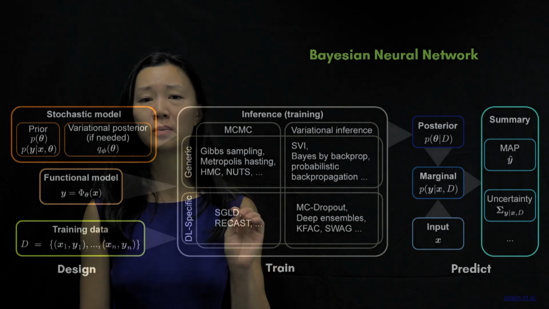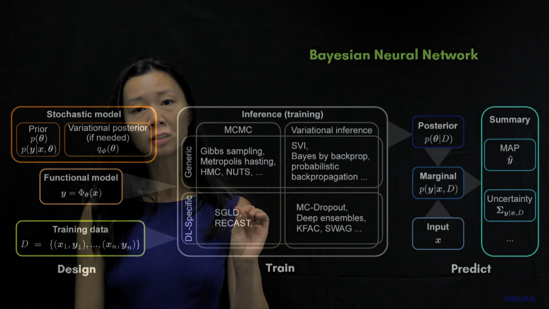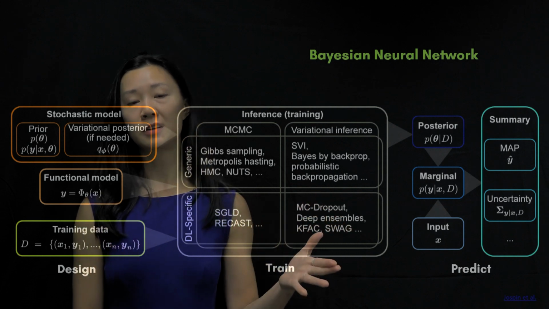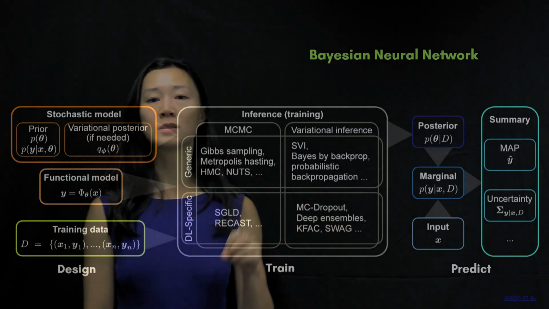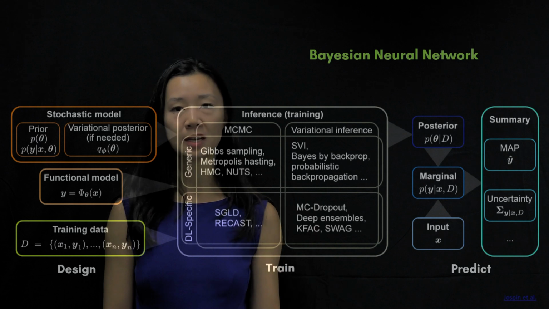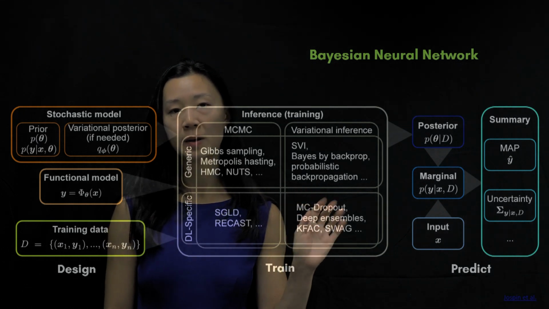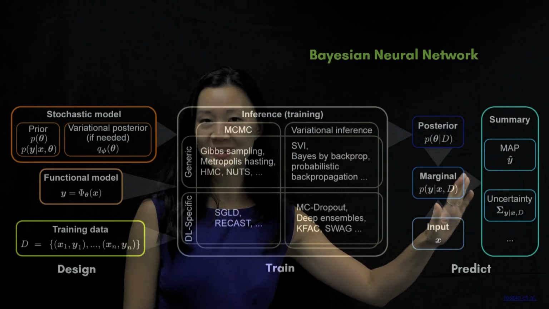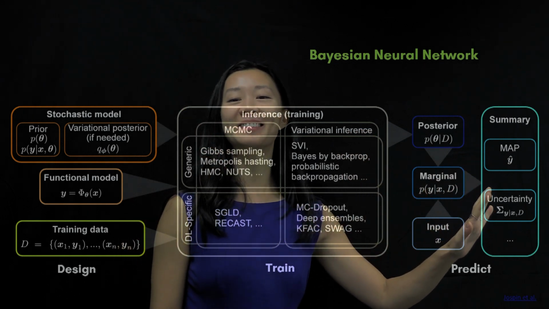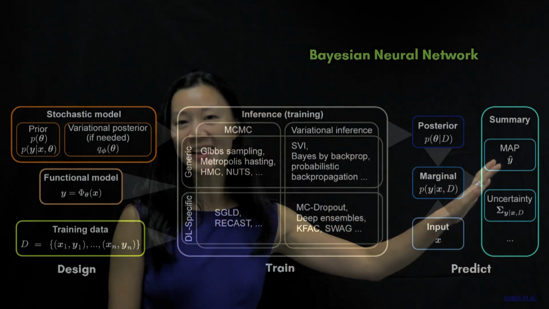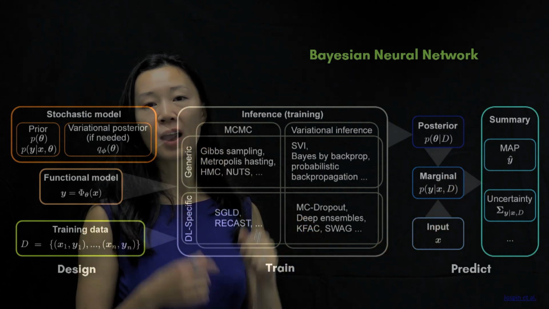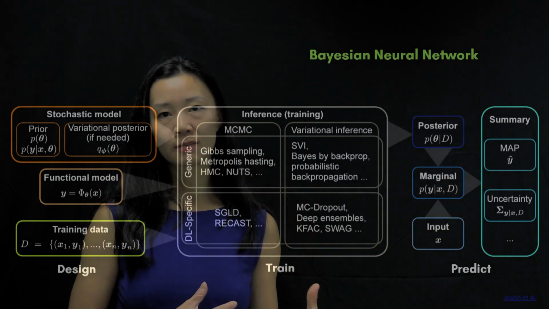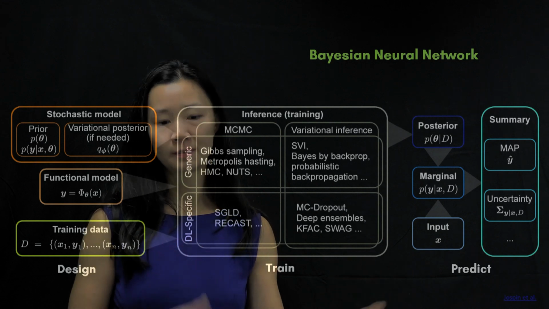It depends if you want to do Markov chain Monte Carlo training or if you want to do variational inference. So later in this video series, one of my students is going to talk about our implementation that uses Monte Carlo dropout and ensemble training. Anyway, what's important is that the output of the Bayesian neural network is still very much the same that we've seen with Gaussian processes, where you have a mean prediction and an uncertainty associated with your learner.